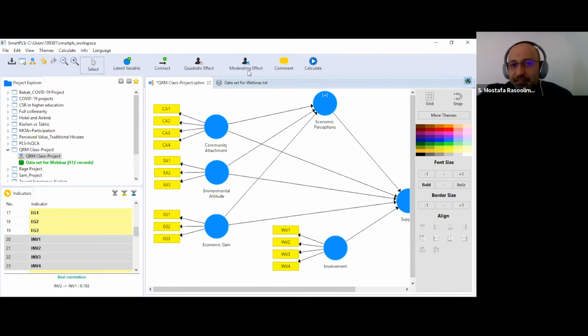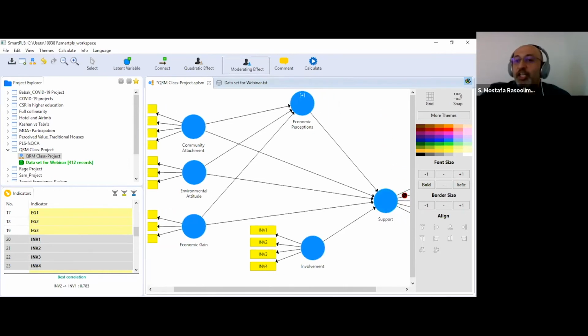To create interaction effect, here in this menu bar, you can see this option, moderating effect. Right? If you click on moderating effect, now you are able to create interaction effect.